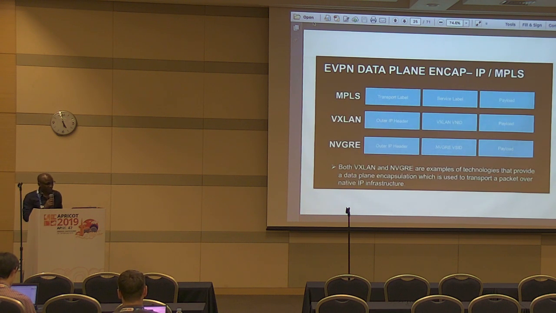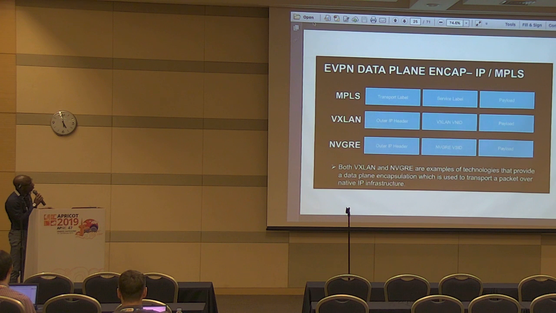From a data plane encap perspective, this is what the packet looks like. As I've mentioned, EVPN can support the MPLS data plane, the VXLAN data plane, as well as NVGRE. From a packet perspective, if the encap is MPLS, you've got your outer transport label, in the middle your service label, and at the end your payload.